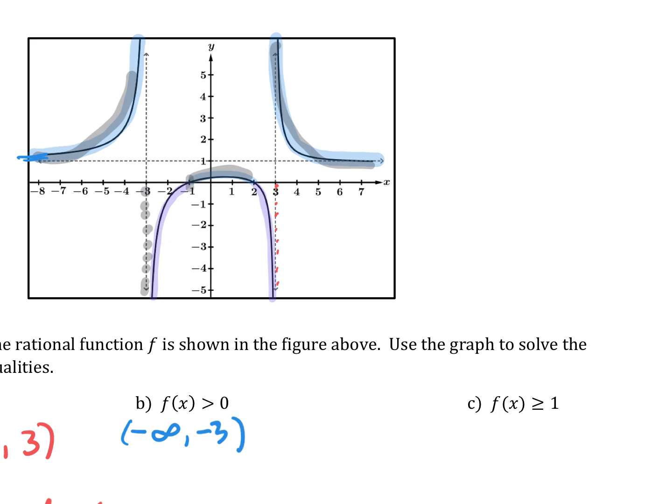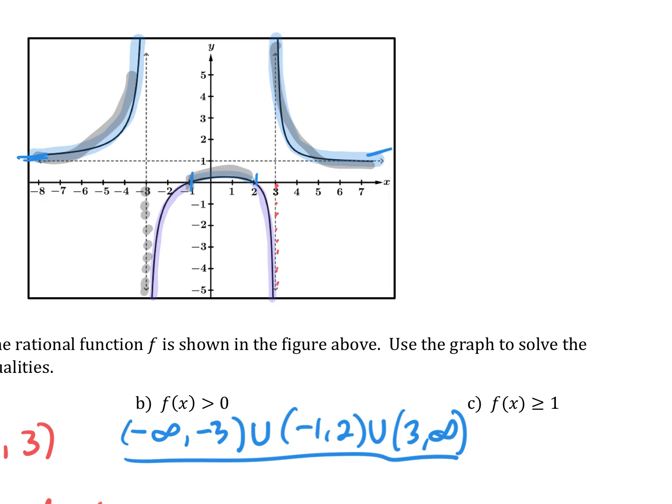And then with the union of here, the root from negative 1 to 2. And with the union of this part, coming from the asymptote, which is 3 to infinity. That's how you answer it.